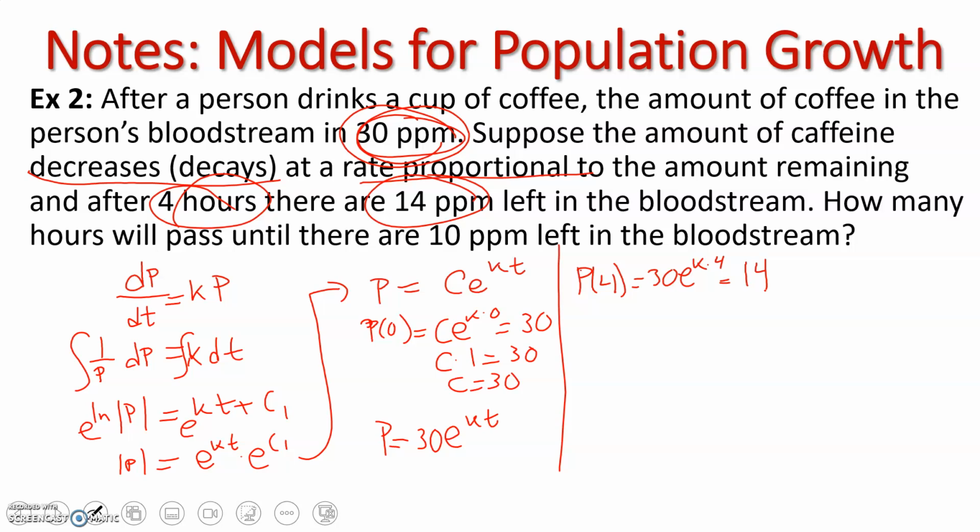We'll divide both sides by 30, so we get e to the 4k is 14 over 30. ln both sides, so we get 4k is the natural log of 14 over 30, and divide by 4. So we get k is 1/4 ln of 14 over 30.